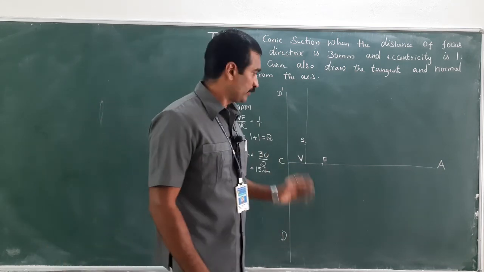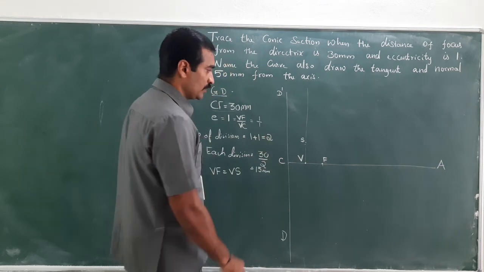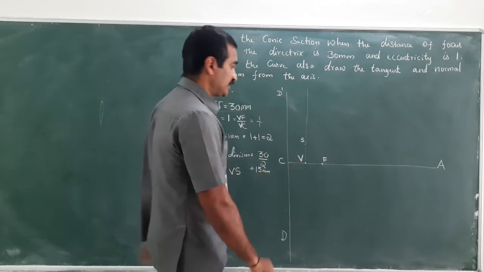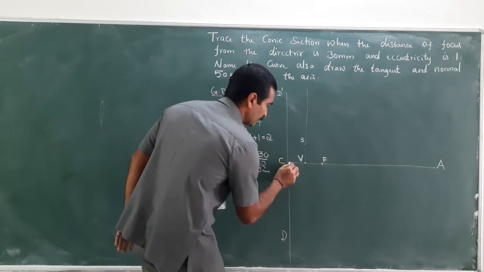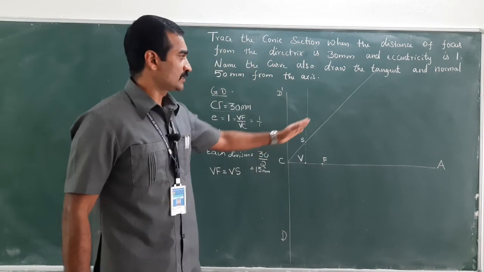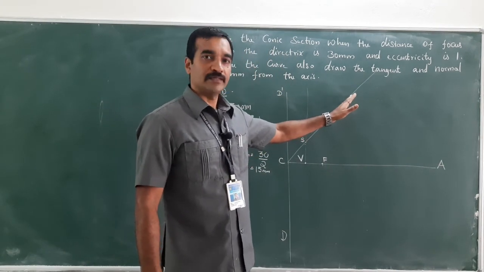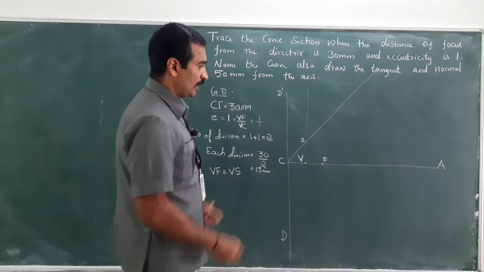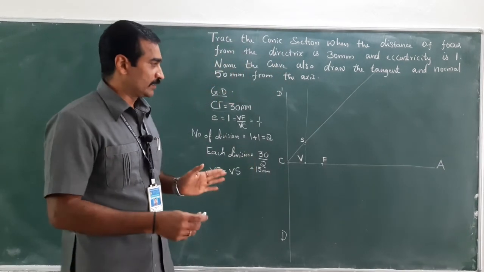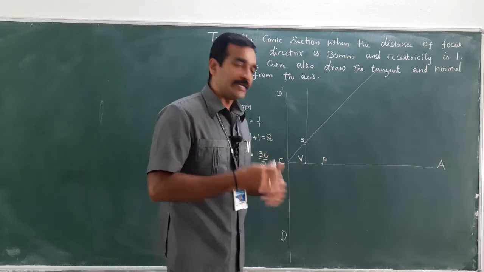Now I am going to draw a line starting from C passing through S, which is nothing but the guideline. This line is a guideline. Now along the axis I need to mark equal intervals.